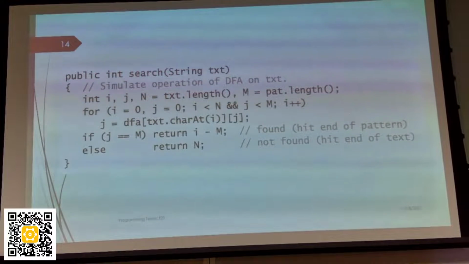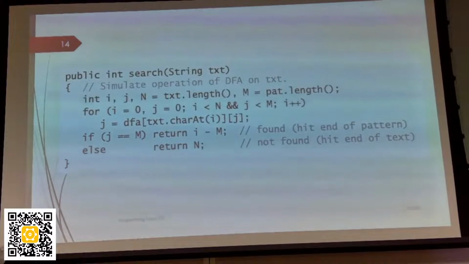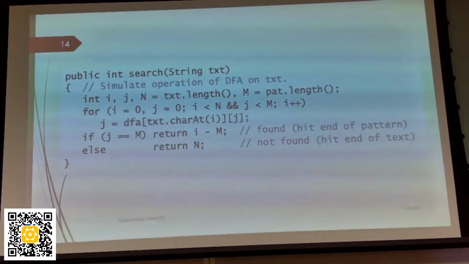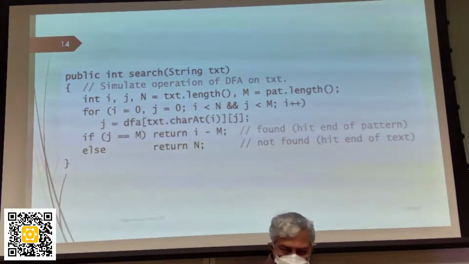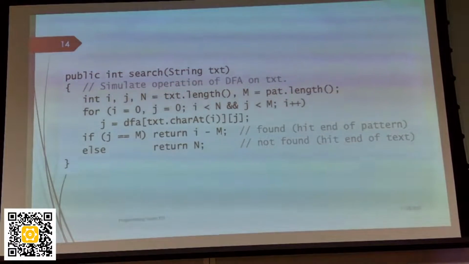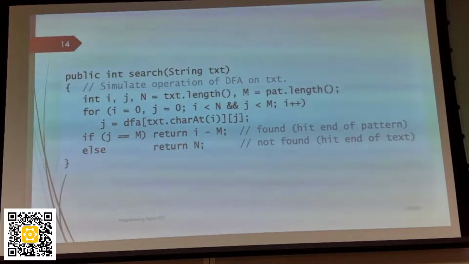Boyer-Moore is useful, for instance, if this is all A's, and this here is a B. Now, this is a mismatch. Why am I wasting time? There are no B's here. Let me just move forward. So with just one character match, I can move this over to here. So there are crazy ideas that they've figured out how to do really, really efficiently. That was one. Let me show you one more.